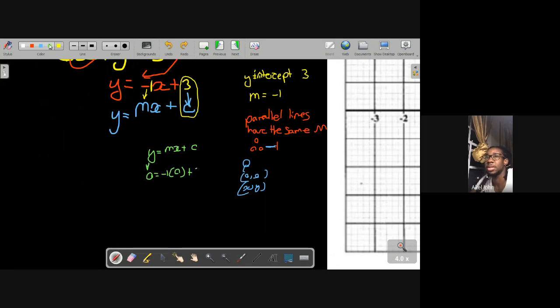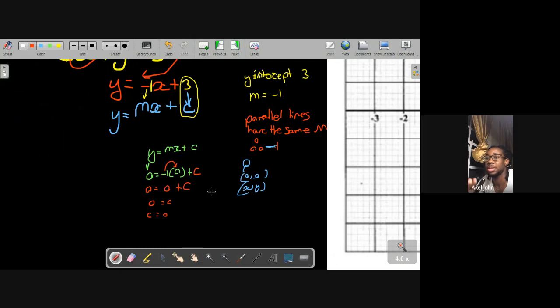My bad, plus c. So negative 1 multiplied by 0 would be 0, and 0 plus c gives us c. So therefore, c is equal to 0.